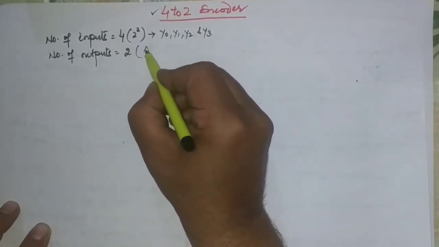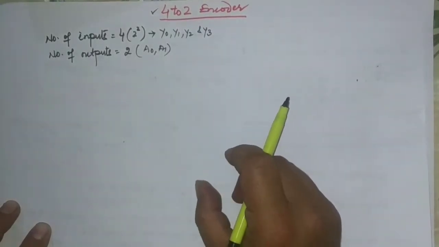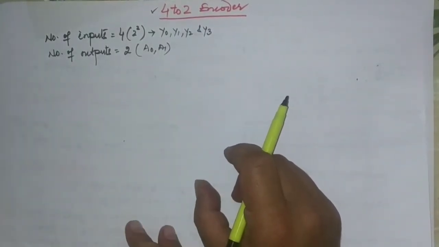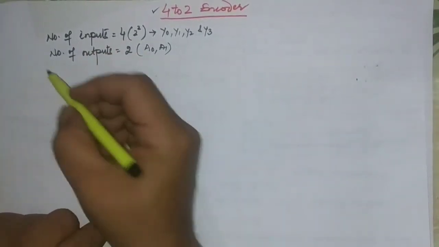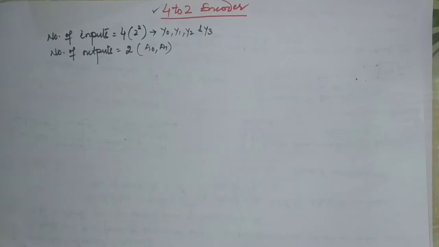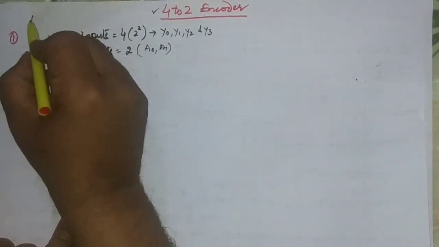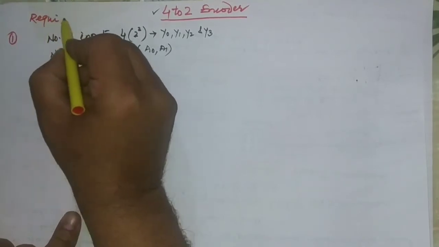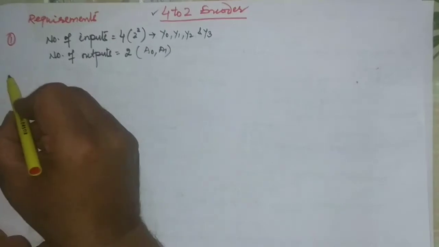So 2 outputs, and we name them A0 and A1. So this is the first point, the requirements.